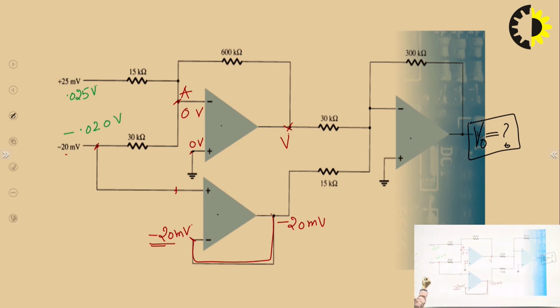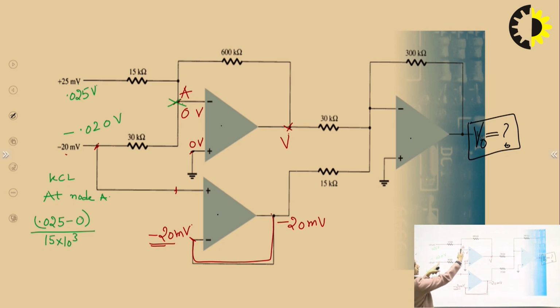So I will apply KCL at node A. This is 0.025 minus 0 upon 15 into 10 raised to the power 3. Between these two point voltages only one resistance is there, so 0.025 volt minus 0 upon 15.